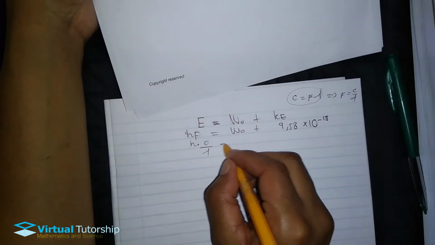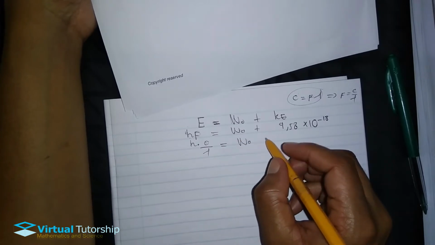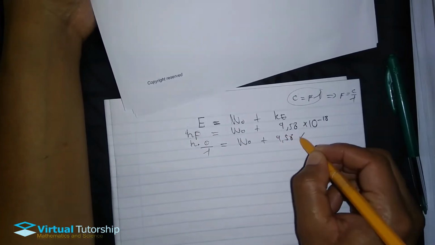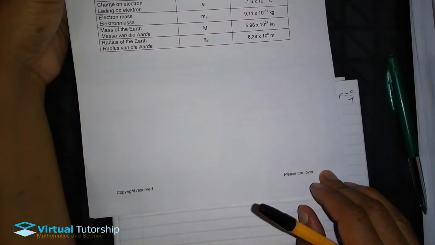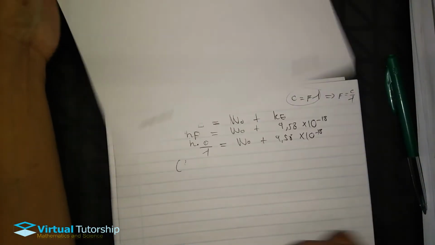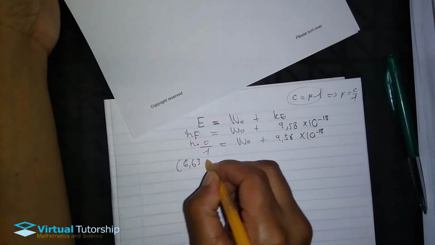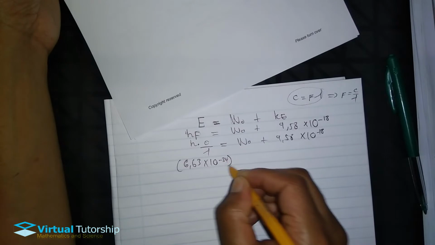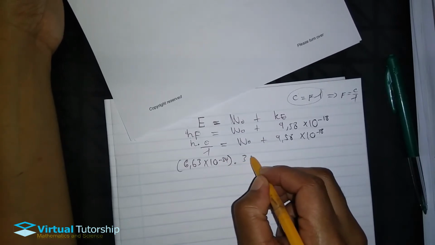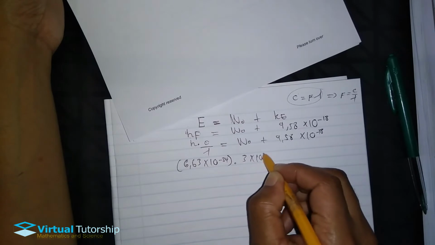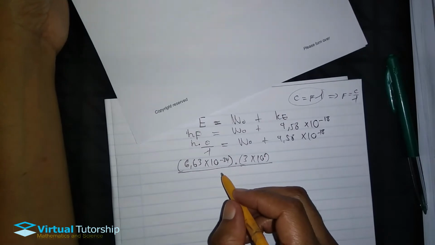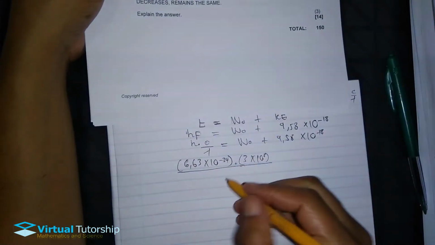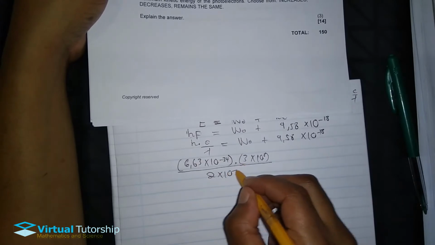So therefore, the work function plus 9,58 times 10 minus 18 equals h, Planck's constant, 6,63 times 10 minus 34, times 3 times 10 exponent 8, everything divided by lambda, which is the wavelength, 2 times 10 minus 8.